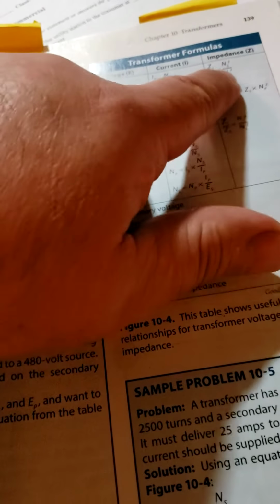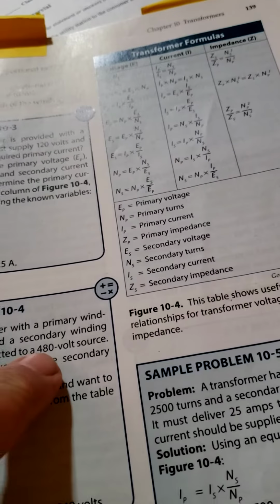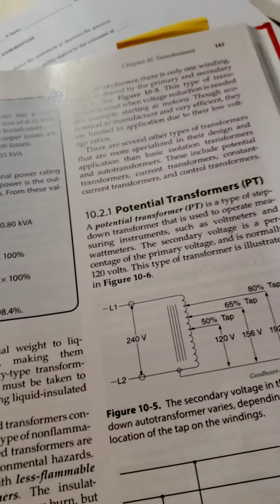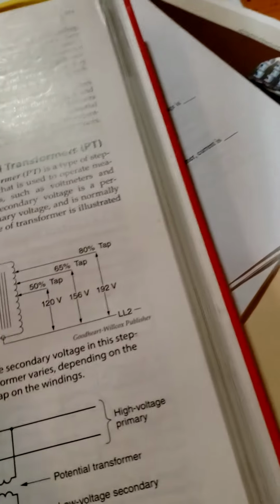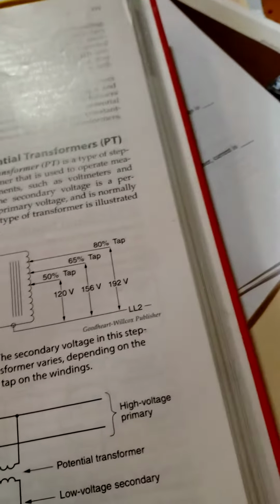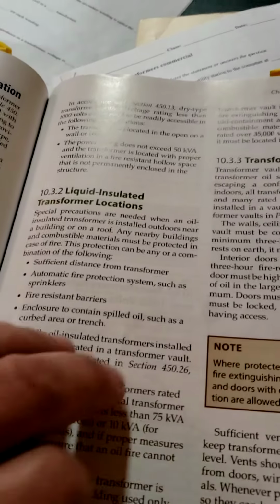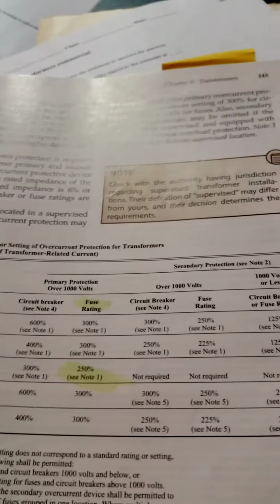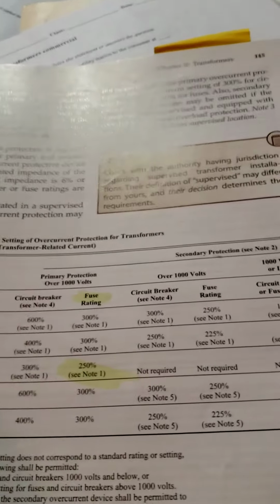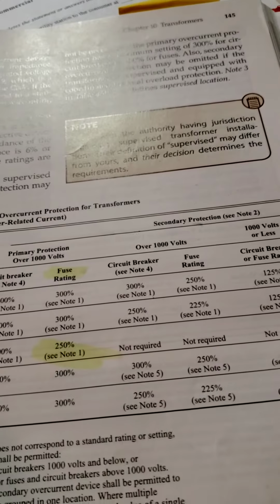Again, when you're looking at all of these tables, and I showed this in the other one, this is where we find our formulas, our different voltages. So when we're using this table, what are your properties, where are you at?